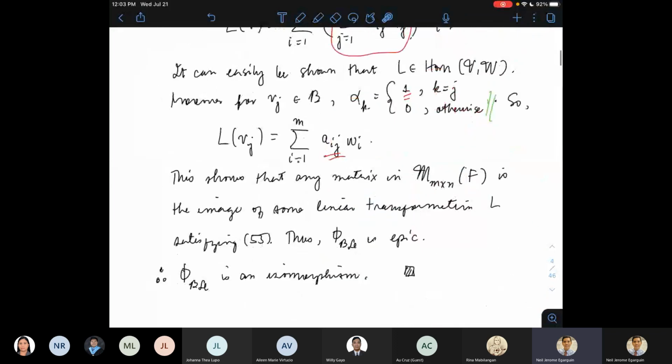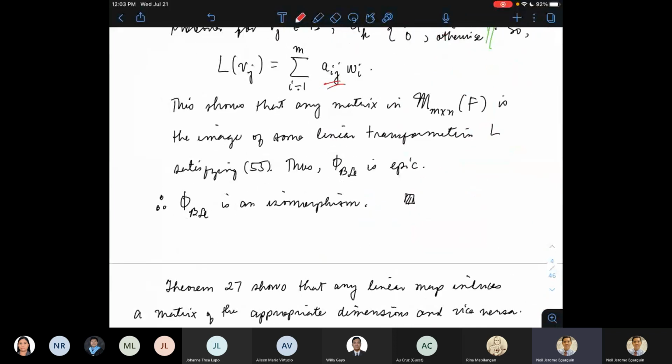Yeah, I guess I missed one part of the proof here. I should have also proven that phi is a linear transformation. Kasi sinabi ko that phi is an isomorphism.